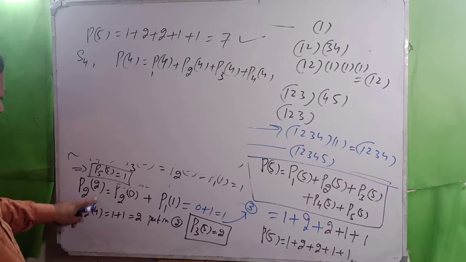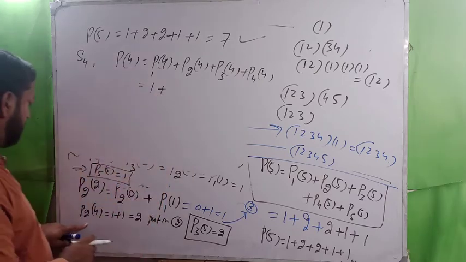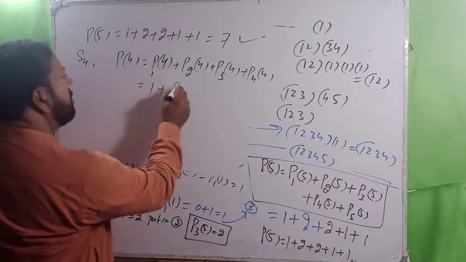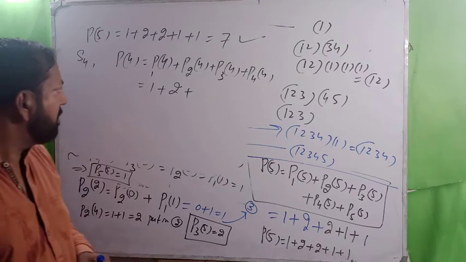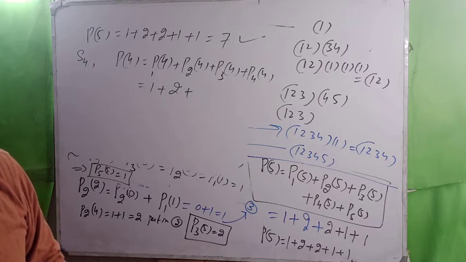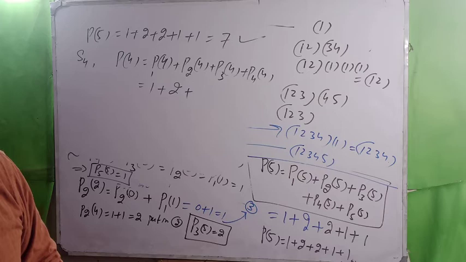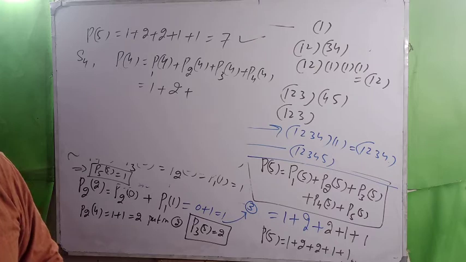P44 was 1, P14 is equal to 1, and P24 you have this 24 is equal to 2, and P34 you have calculated. What was P34 in the last example?